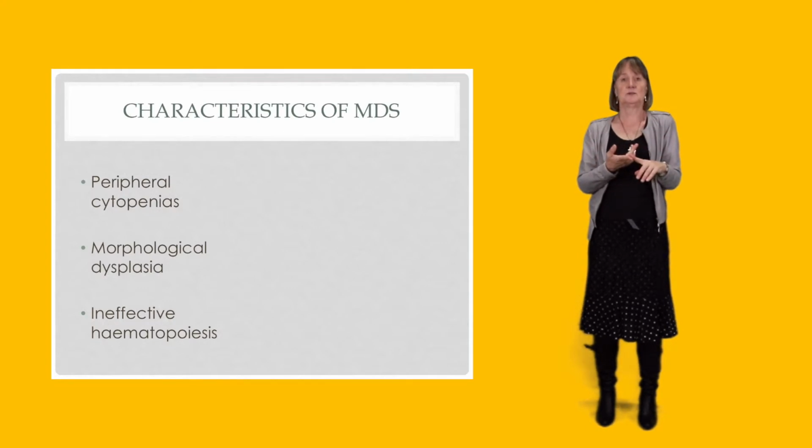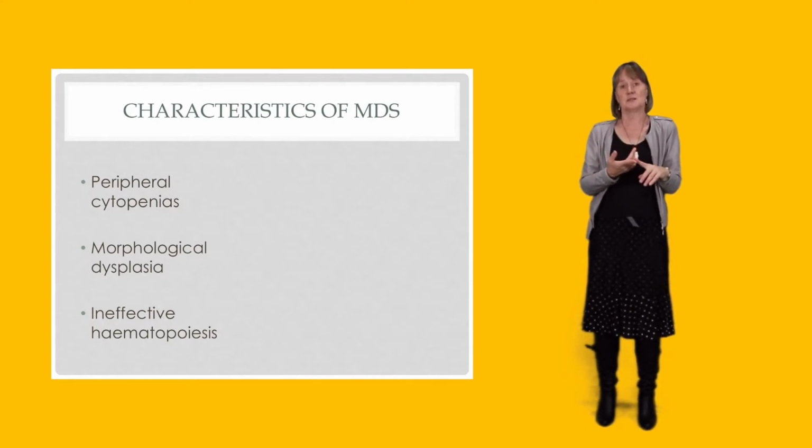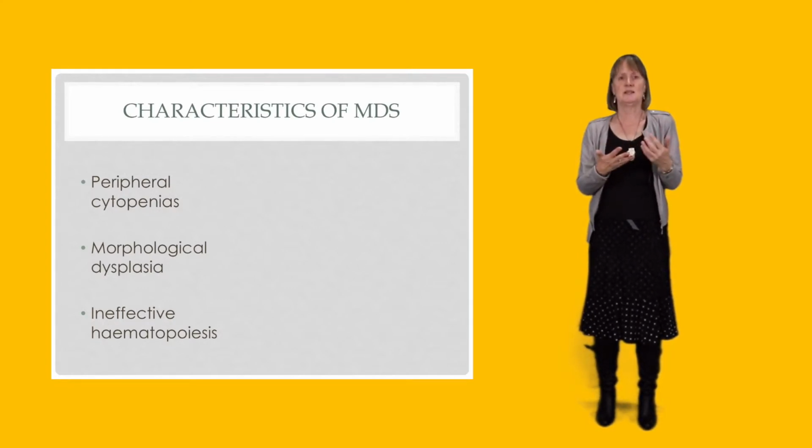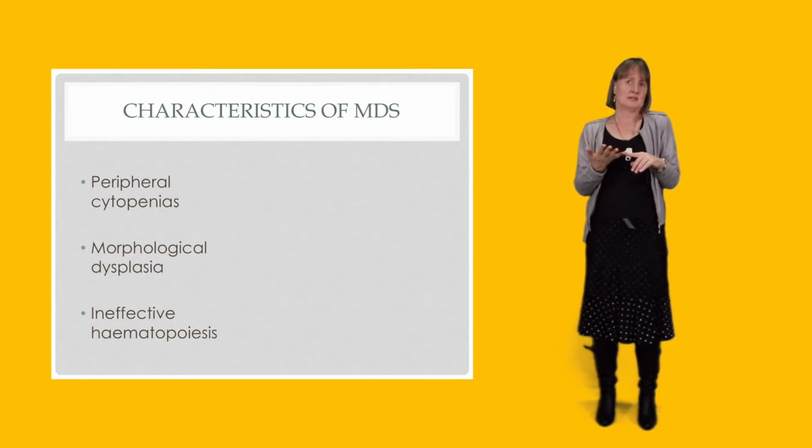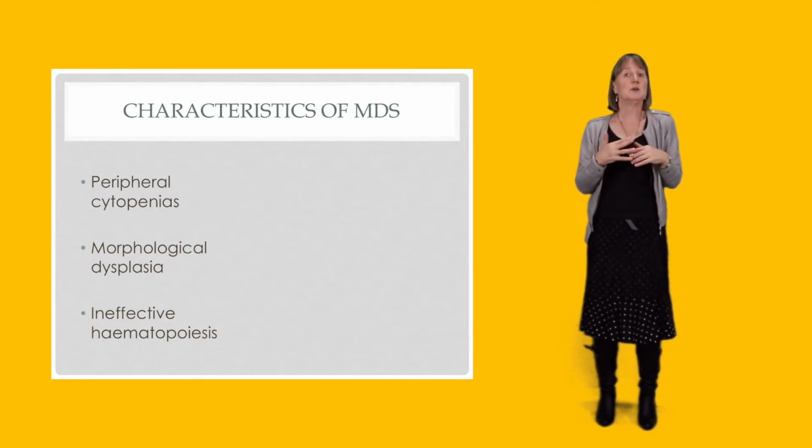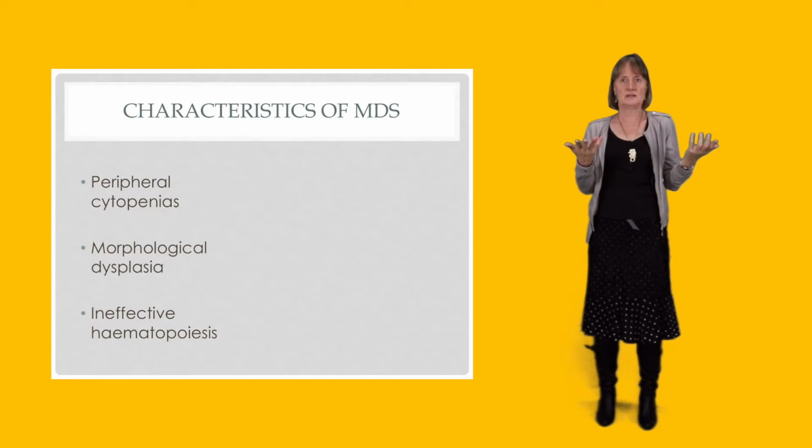The second cardinal feature is morphological dysplasia, by which I mean the blood cells look abnormal. And the third feature is ineffective hematopoiesis. When we look in the bone marrow, we can see that the bone marrow is full of developing cells, but it's not effective because we're not seeing all of those cells appearing in the peripheral blood.